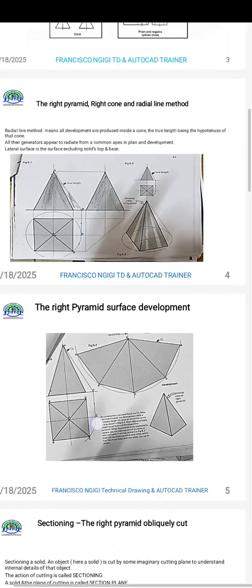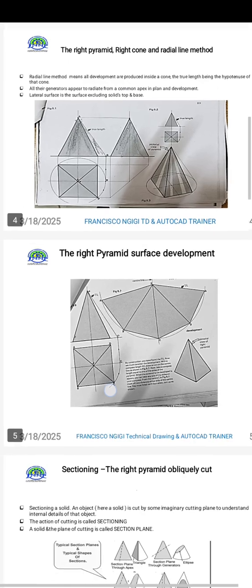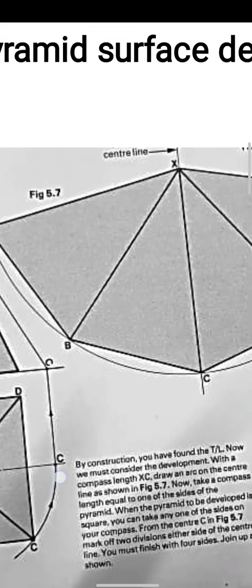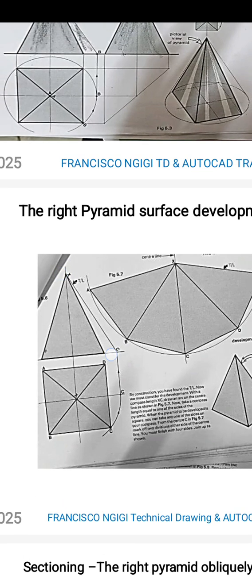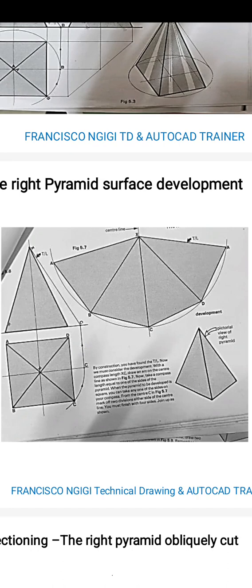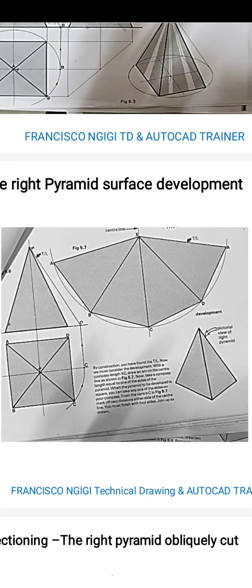Then we have the right pyramid surface development. So for a square pyramid, you can see this one. That's the most important thing, from this point to that point. That point is of importance. Then for the development, using the slant height from that point to this, you come to this point and then you make an arc, radius true length.